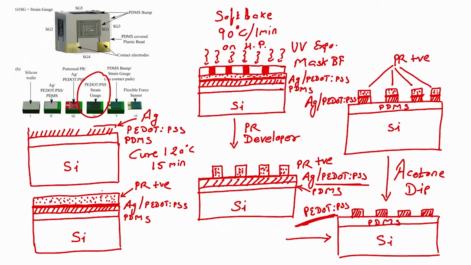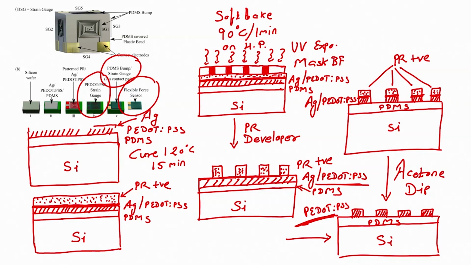If you see this particular stage, you will see the PDMS bump on the strain gauge with gold contact pads. You are peeling off PDMS and you are getting a flexible force sensor with PDMS bump.